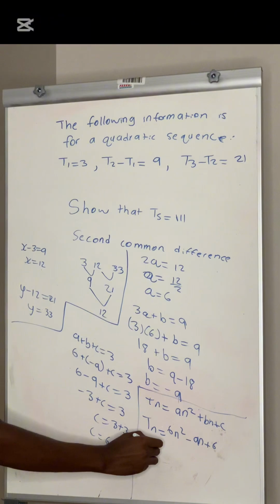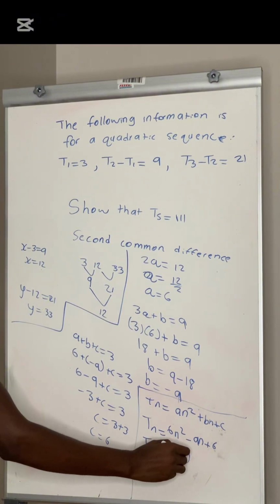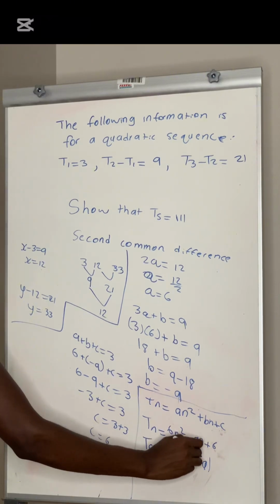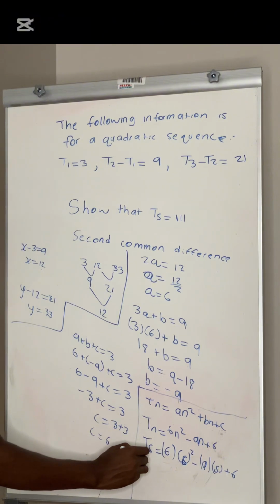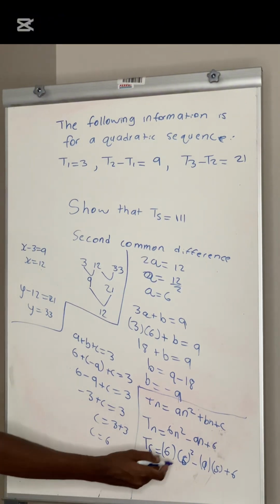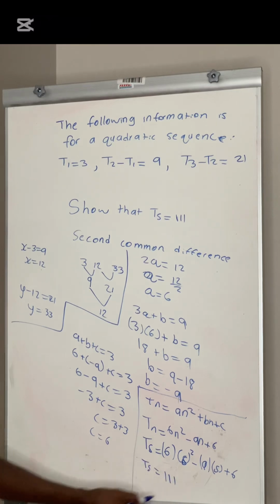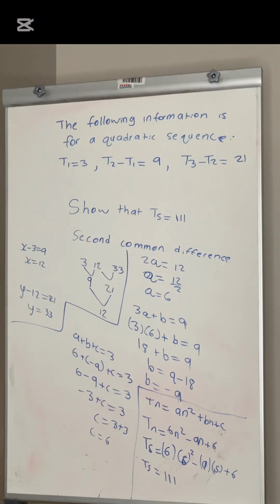Term 5 is equal to, let's substitute each value, 6 times 5 squared minus 9 times 5 plus 6. If you punch all of this into the calculator, you're going to get 111. So you have shown that term 5 is equal to 111.